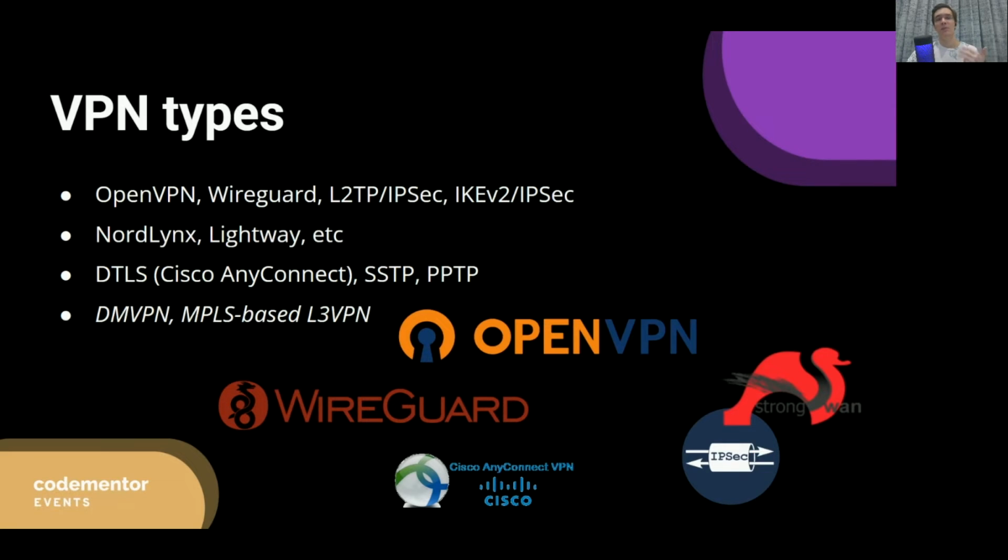So DMVPN is dynamic multipoint VPN. Dynamic multipoint stands for if you have a really complicated system of branches, offices, there are lots of paths between those points and lots of spokes, right? You have a hub and spoke architecture. So what DMVPN does is it provides an option that endpoints on the outskirts of the system, on the spokes, can dynamically create tunnels over the hub in order to have connectivity between each other.